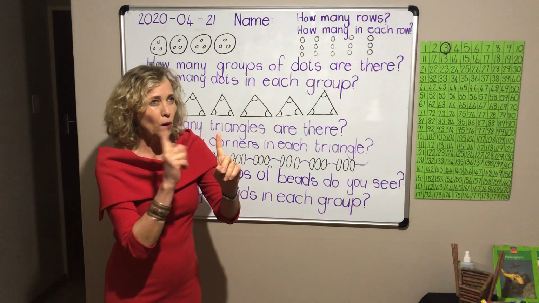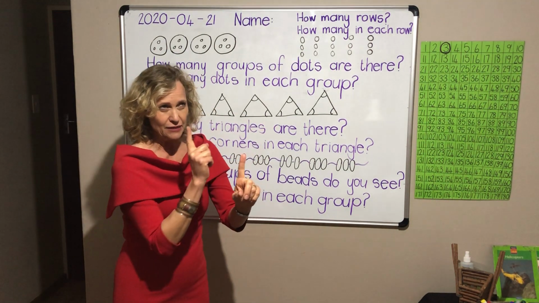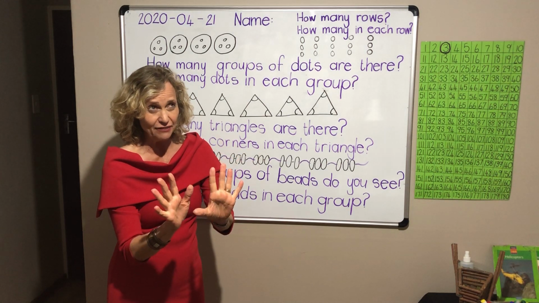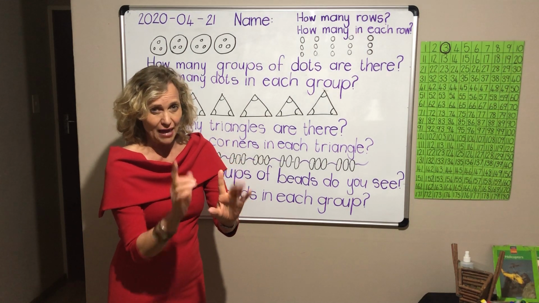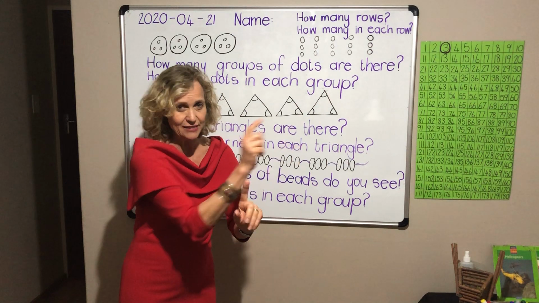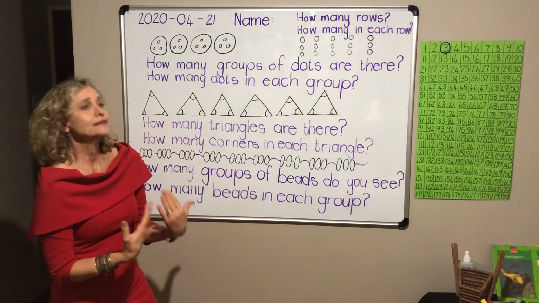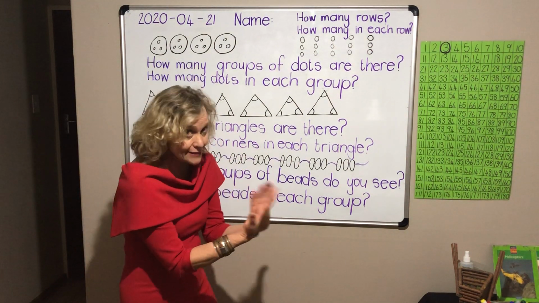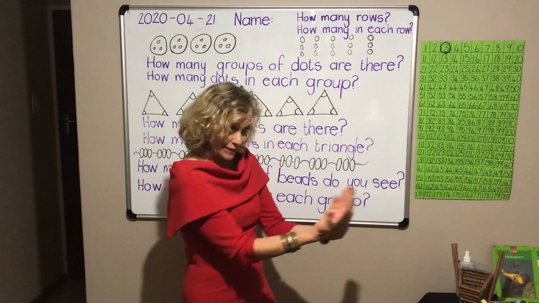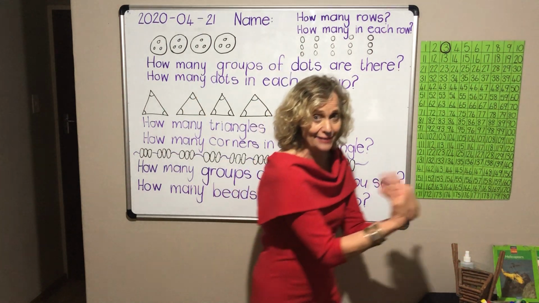Then you think 1, 2, 3, 4, 5. There's 5 boys, each one of them has 10 fingers. 5 times 10. Instead of saying 10 plus 10 plus 10 plus 10.